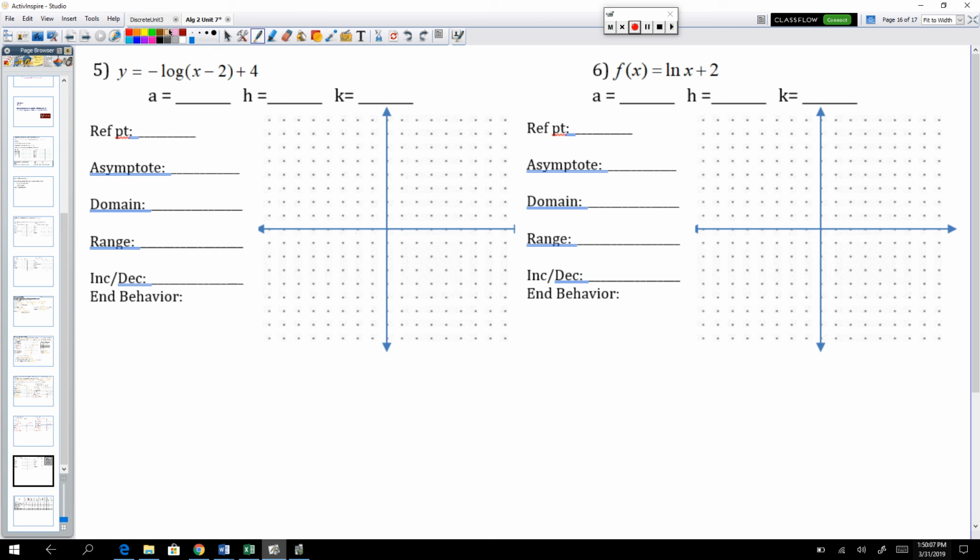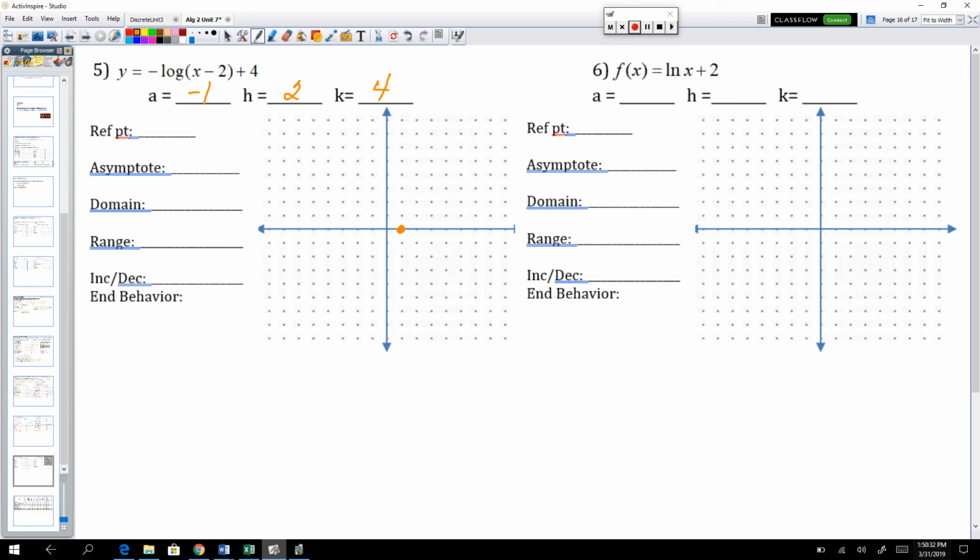In this case, we have an a of -1 that will have some impacts. We have an h of 2 and a k of 4. So if our starting point is 0, 1 on our parent graph, if we negatize the y value of 0, 0 is 0. So if we multiply 0 times -1, it's still 0.